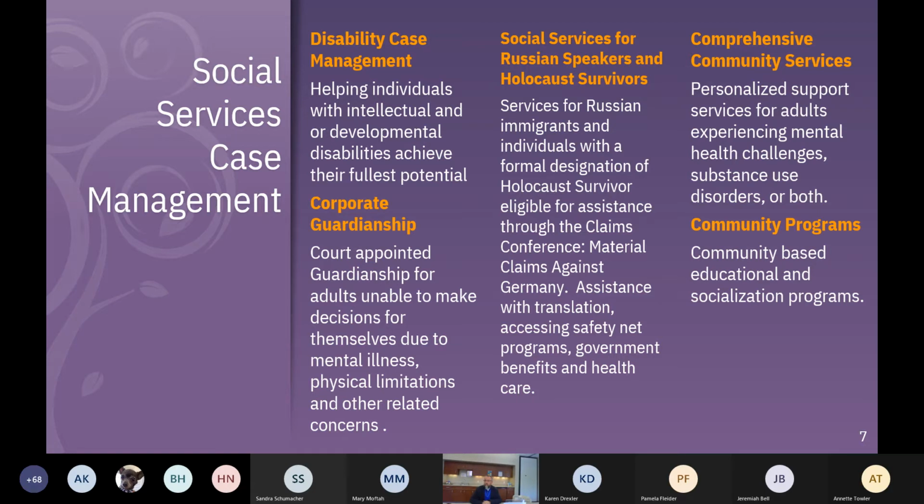As well, when we talk about being culturally intelligent, culturally aware, culturally sensitive, and welcoming and understanding the community, we have a social services for Russian speakers and Holocaust survivors program that works with over 200 individuals that are Russian immigrants, but many of them are Holocaust survivors.